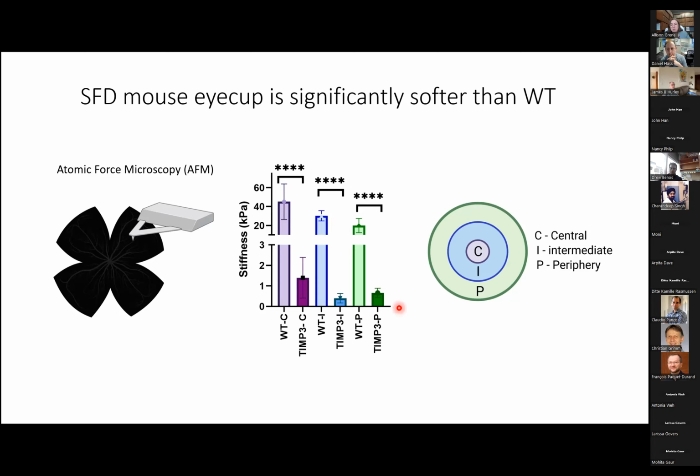We found that the wild type eye cups had a stiffness of around 20 to 40 kilopascals, where the SFD eye cups had around a 25-fold decrease in that stiffness. There are many reports in cancer that changes to stiffness can impact metabolism significantly. So this got me really thinking more about metabolism and the biomechanical properties.